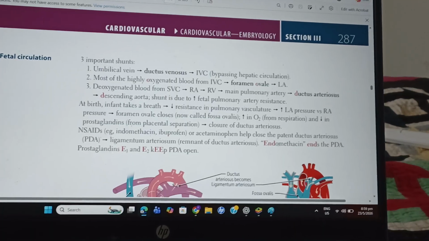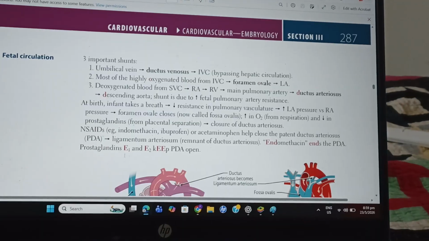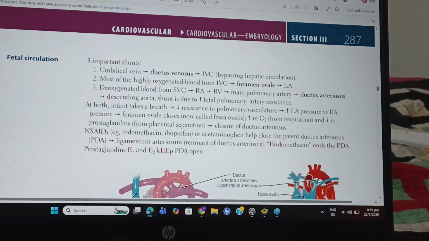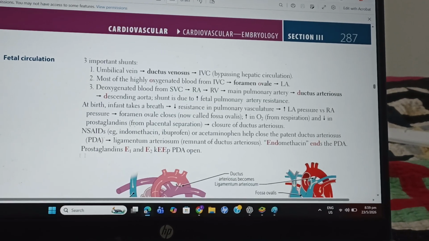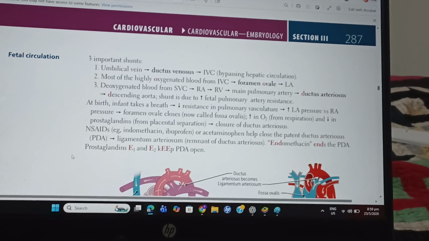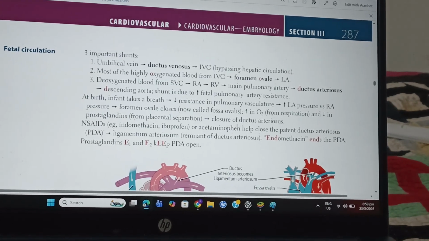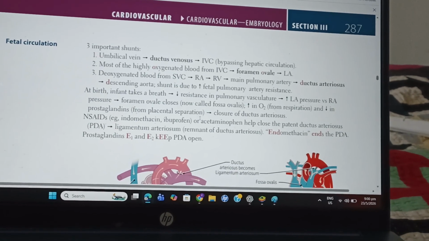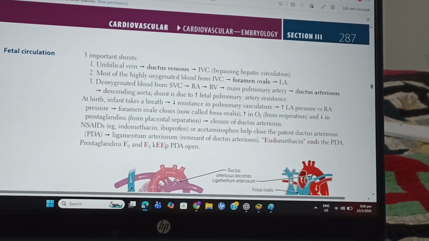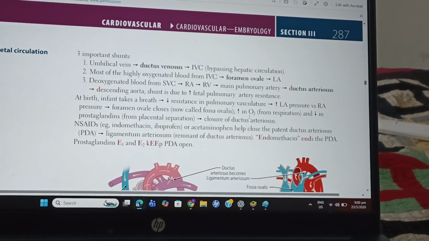And prostaglandin E1 and E2 keep the PDA open. The patent ductus arteriosus is kept open by the prostaglandin hormone. After birth, the prostaglandin hormone gets low and the placenta gets detached from the mother, and there will be closure of the ductus arteriosus, because there's no placental attachment from mother to child after birth. So this hormone will get low and it will cause the ductus arteriosus to close.